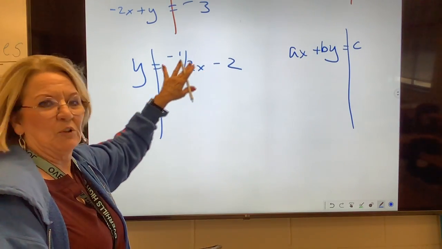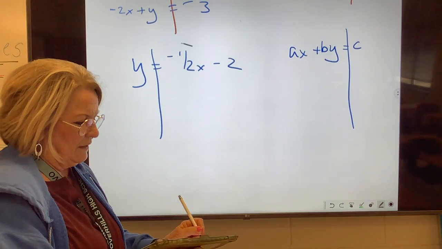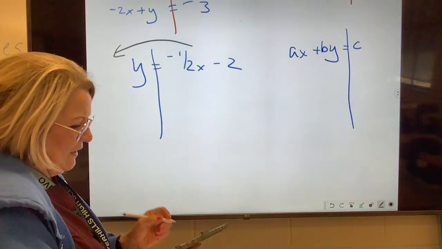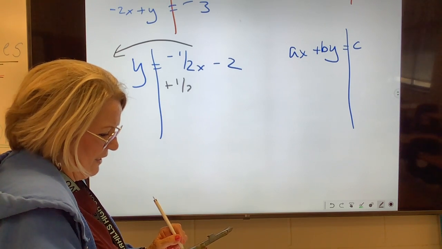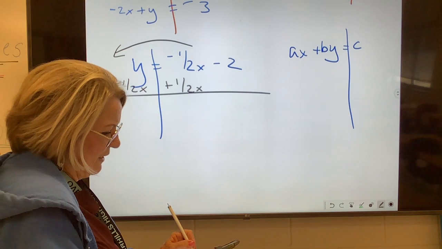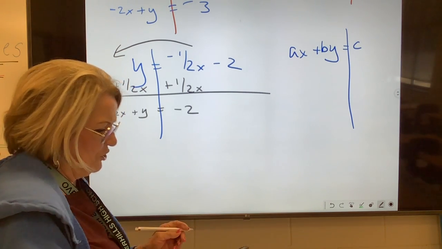So what do I need to move over? You got it. I need to move that negative 1/2 x over. X has to be over here. So I'll add 1/2 x. And that gives me a 1/2 x plus y equals negative 2.